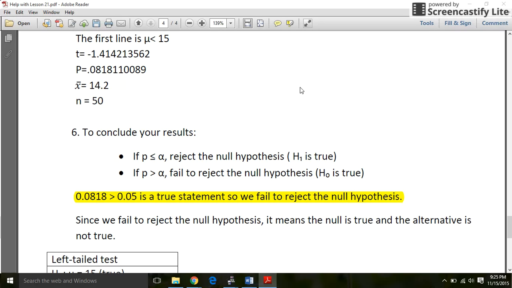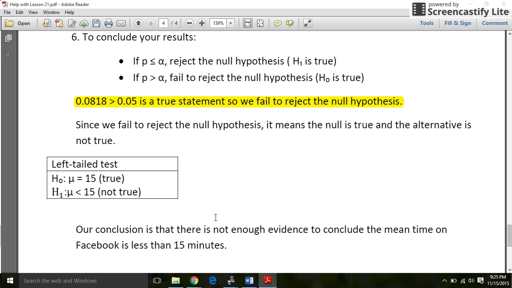So I went down here and I showed you what I did. If I fail to reject my null because my p is greater than my level of significance, or my alpha, I can say that my mean equals 15 minutes.